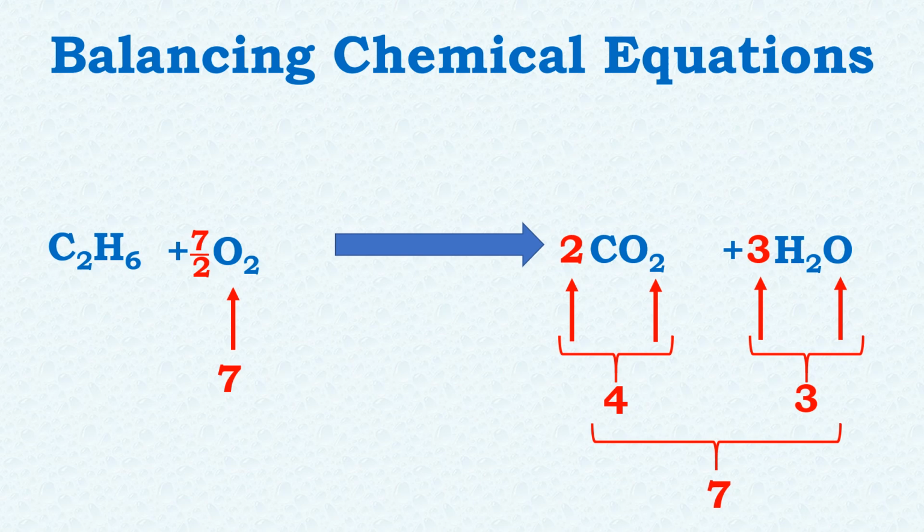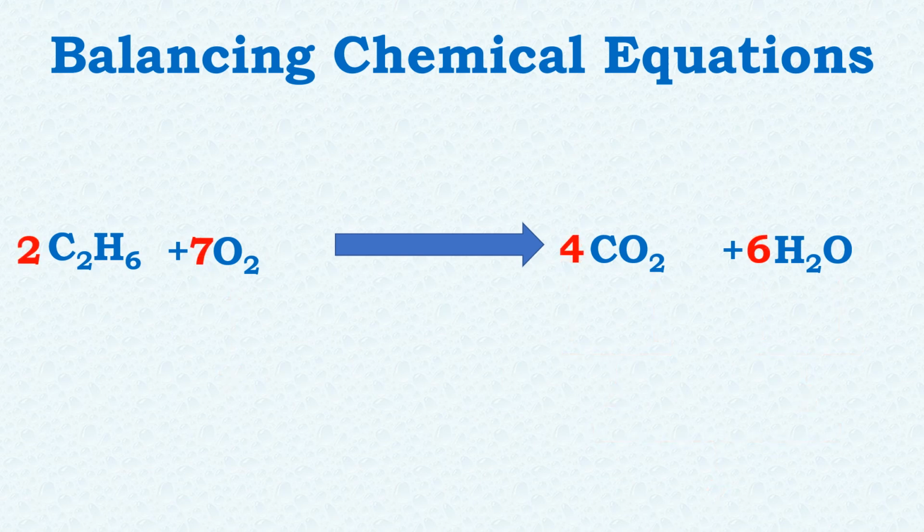It is customary in general chemistry to report coefficients as whole numbers, so we can multiply all coefficients by a constant to get a whole number. In this example, we'll multiply all coefficients by 2 to get a whole number. The equation is now balanced with whole numbers.